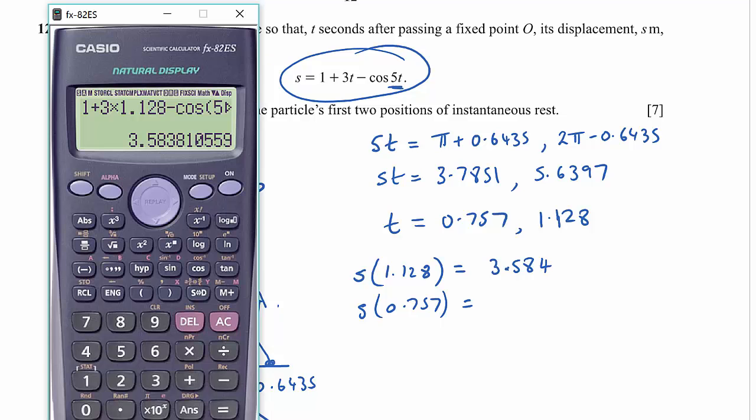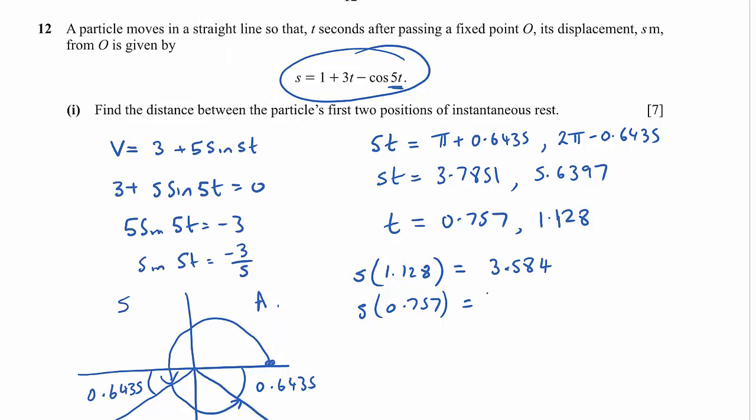And then we need to do the same thing with 0.757, and change that in both places. 0.757 gives 4.071, and then we just need to subtract those.